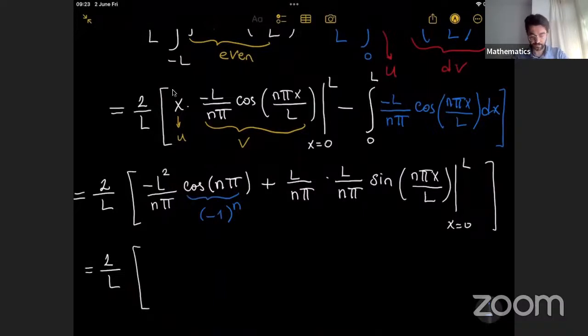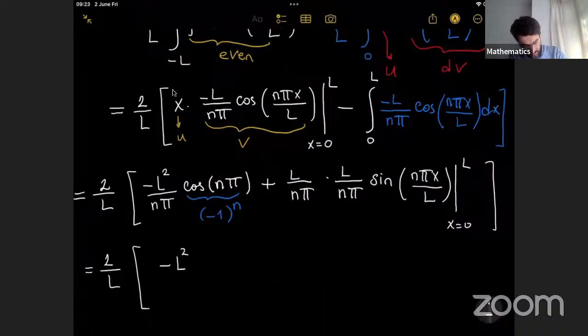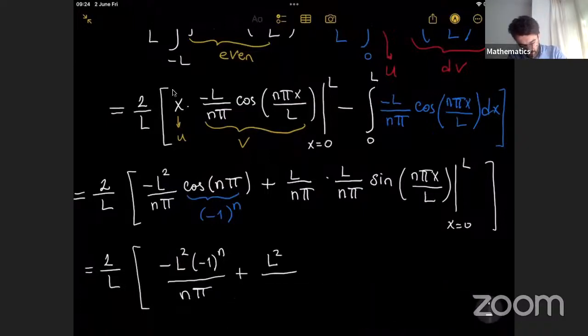So it's going to be minus L squared minus 1 to the n over n pi plus, there is a cancellation here. Oh, no cancellation, sorry. No cancellation. For the second one, L square over n pi square.